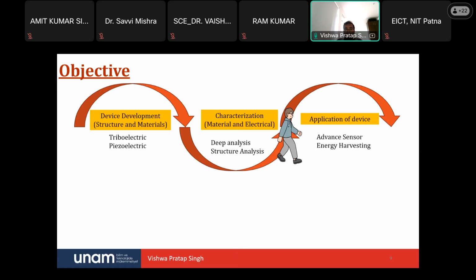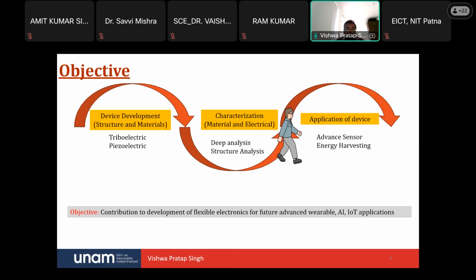So in this case, we need to understand which electrical characterization needs to be done for this purpose, and then we will understand the different applications we have done in this particular lab. And I will also describe the energy harvesting. I have some slides on energy harvesting as well.